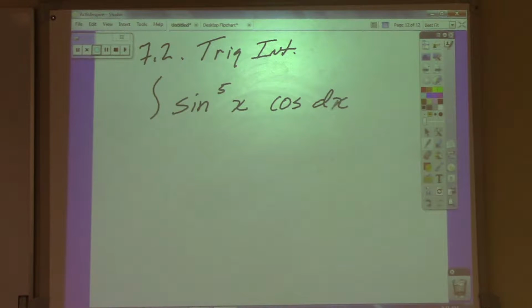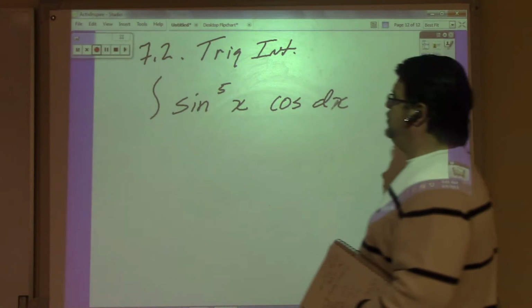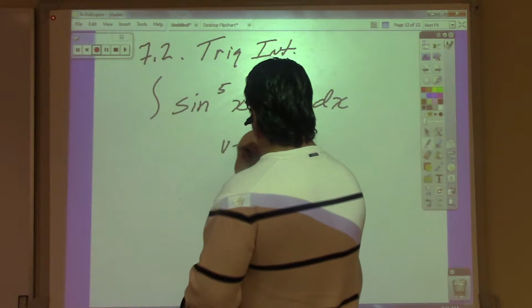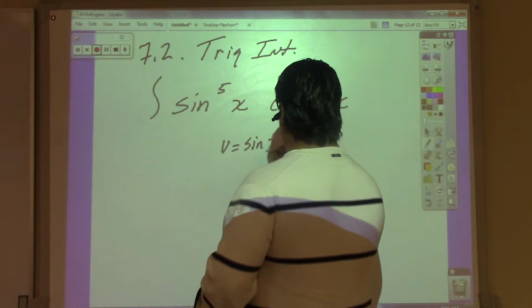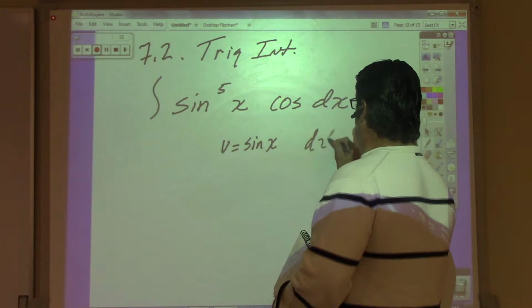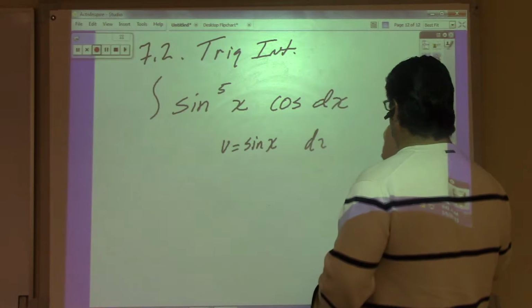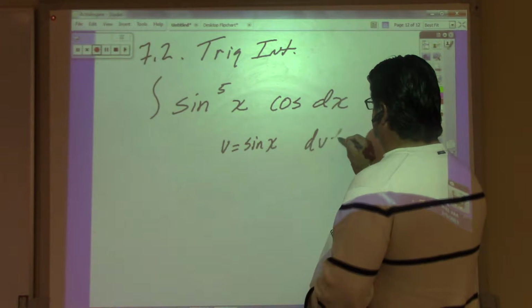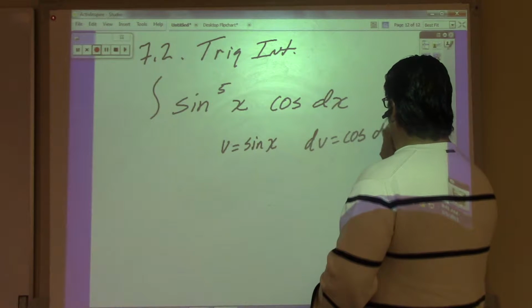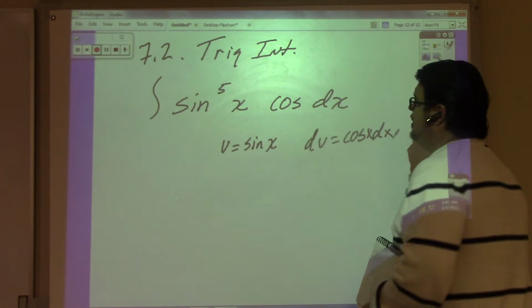Now what do you notice about this? If I set u equal to the sine of x, what's du? Du is equal to cosine of x dx, right?